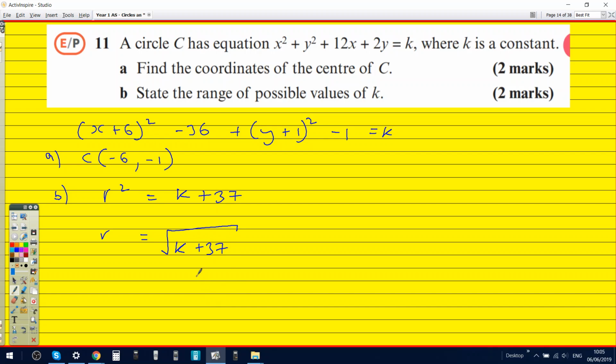And so, what are the possible values for k? Could it be anything? Could it be minus 38?